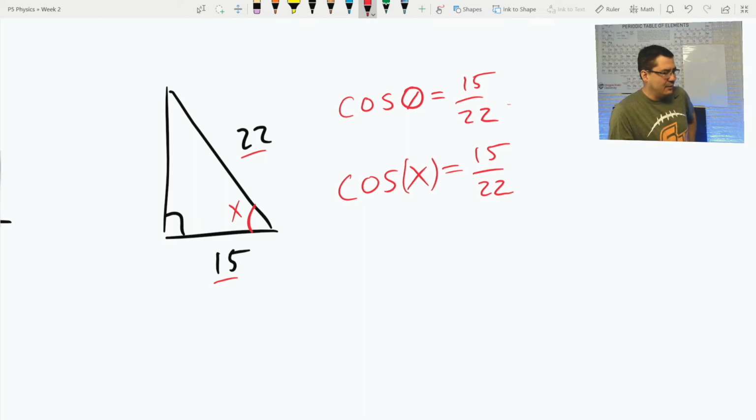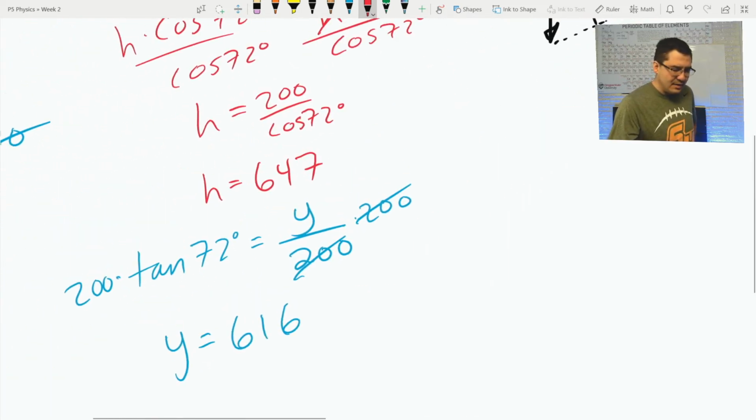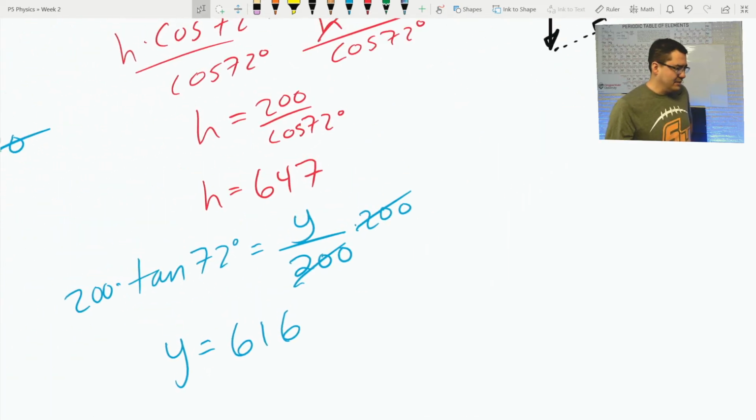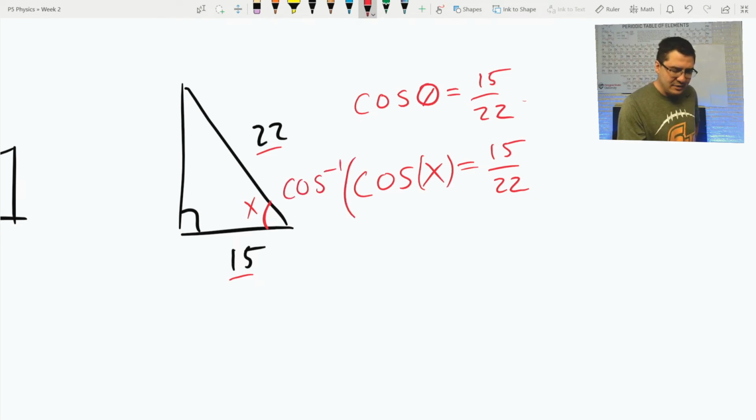So just like when we were canceling out division by multiplying, like right back here, multiplying by 200, here the inverse function of a cosine is an arc cosine or an inverse cosine. I like the word inverse cosine. So I'm going to take the inverse cosine of the left, and I got to squeeze this in here. I got to take the inverse cosine of the right.